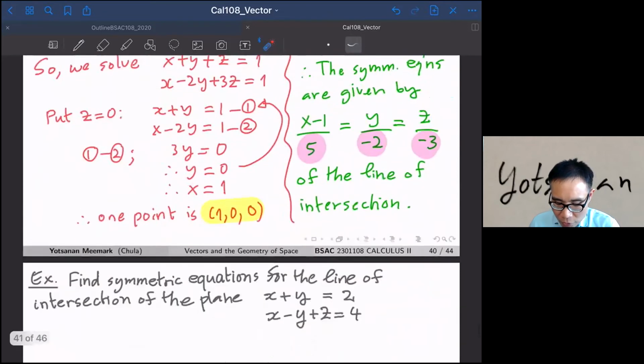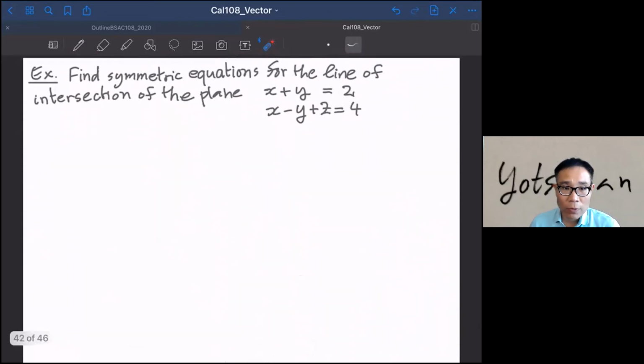I will leave you one example for working on your own. We'd like to find the symmetric equation for the line of intersection of the planes x plus y equal to 2 and x minus y plus z equal to 4.